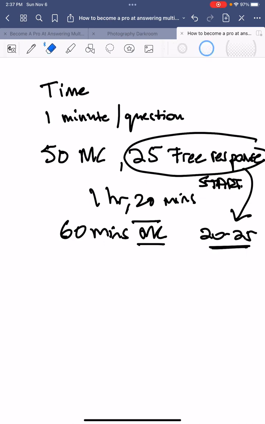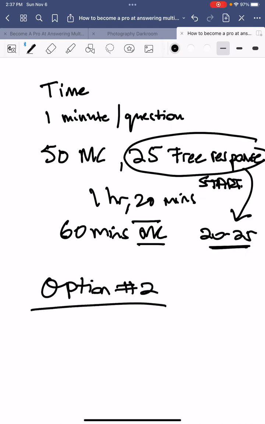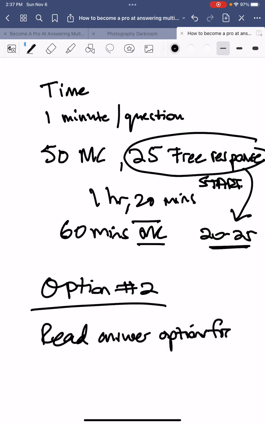The other option that I do want to mention, I would call this option number 2. The technique I explained to you with using those two or three examples was not reading the answer options. But some students tell me that they have success if they read the answer options first, and then try to see from the answer options if there is a statement in there that seems contradictory.